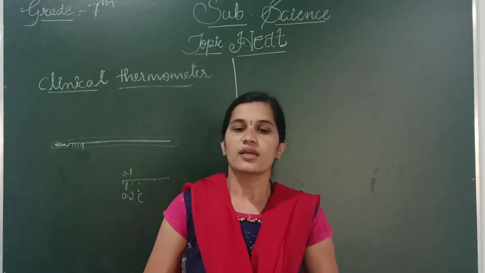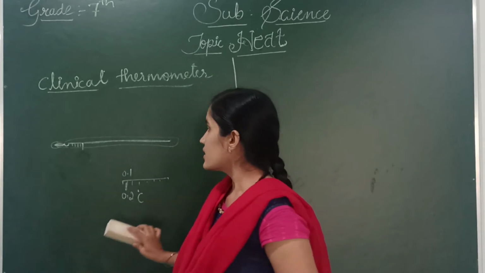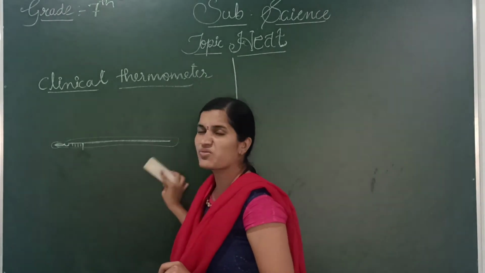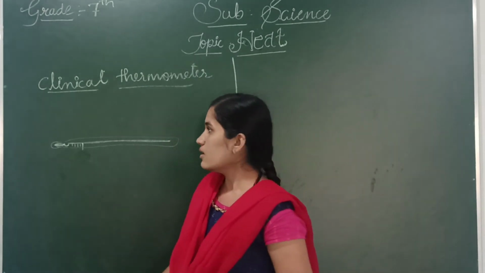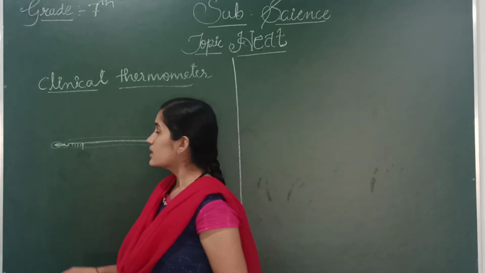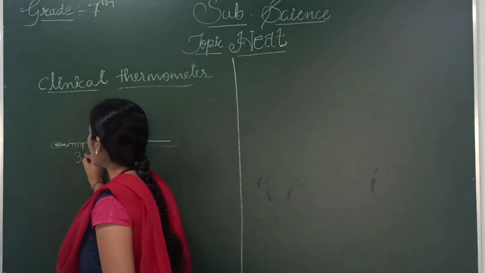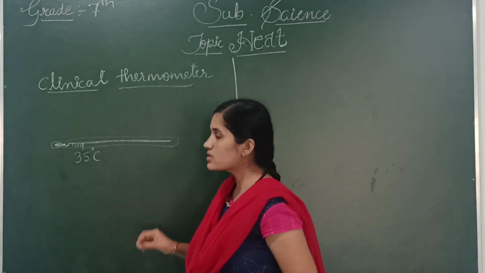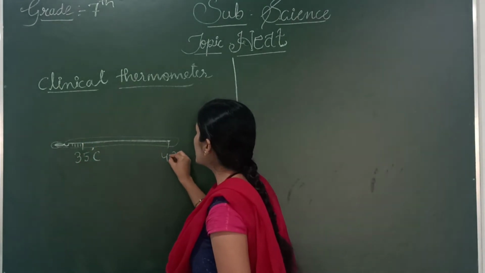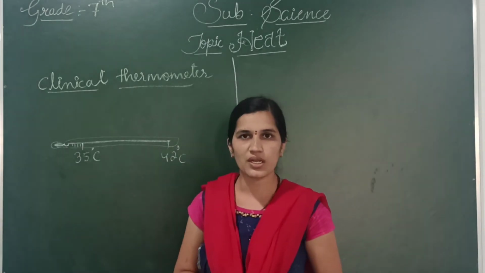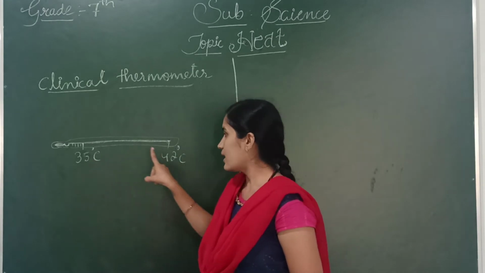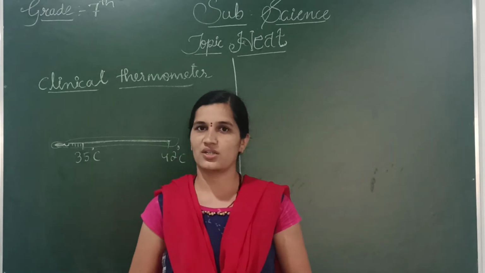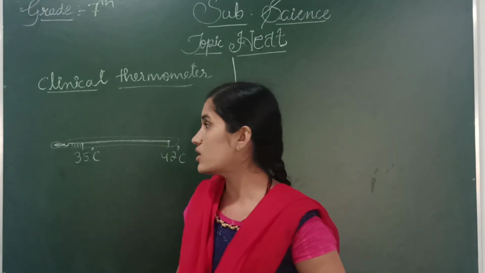Your scale starts from 0 and ends at 15 or 30 according to the centimeters given. Here in the clinical thermometer, it starts at 35 degrees Celsius and ends at 42 degrees Celsius. Why from 35?